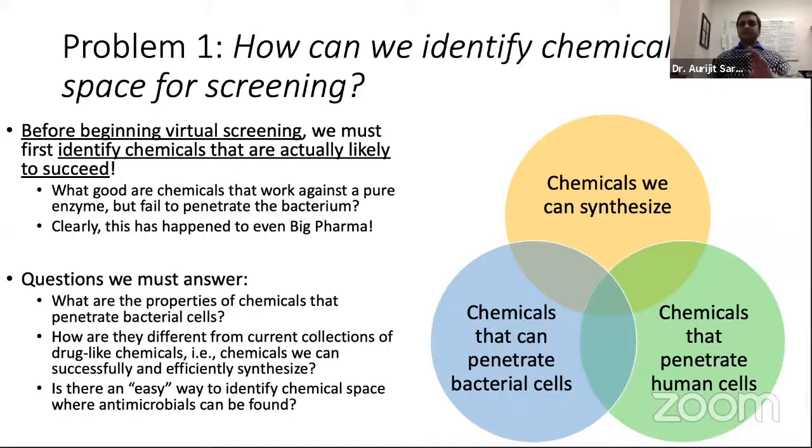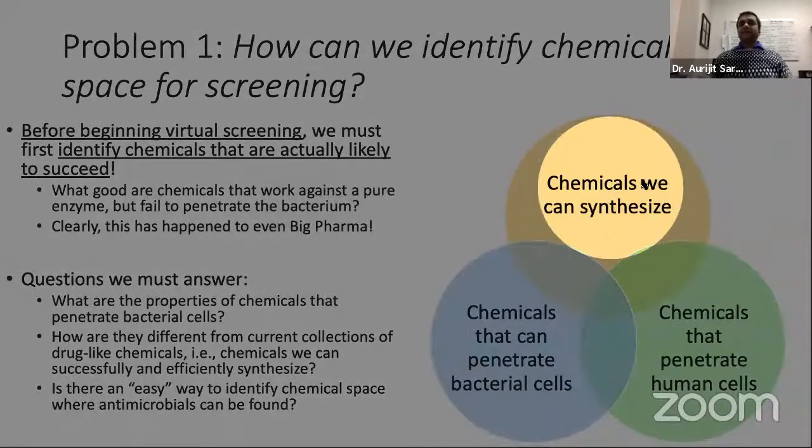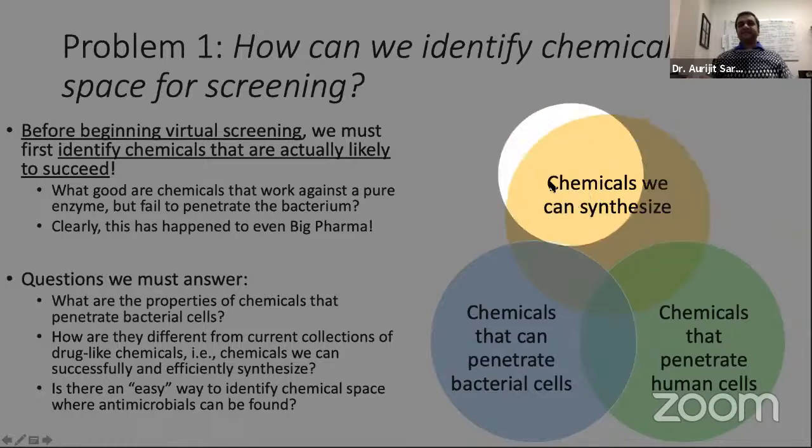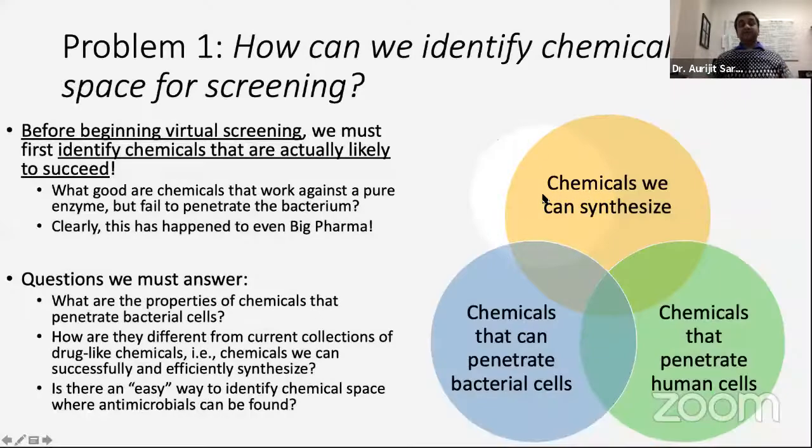So just to summarize all of this in a Venn diagram, here is the set of chemicals that we can actually synthesize effectively. By the way, typical antimicrobials are not so easily synthesized. It's really difficult to handle those, okay?